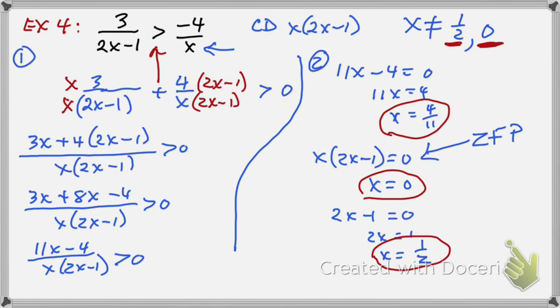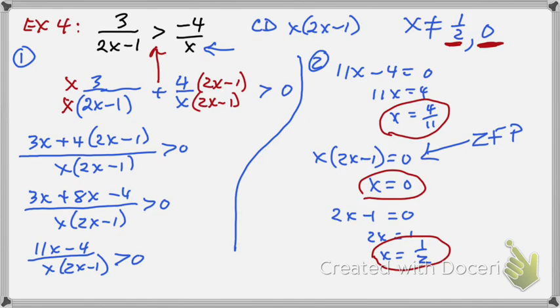Okay, let's get some of this stuff copied over. There's that. Our number line, let's go back here and see. I've got 4/11, I've got 0, I've got a half. 4/11 is a little bit less than a half.